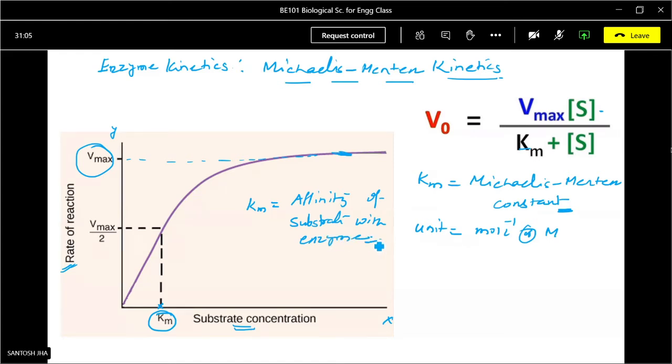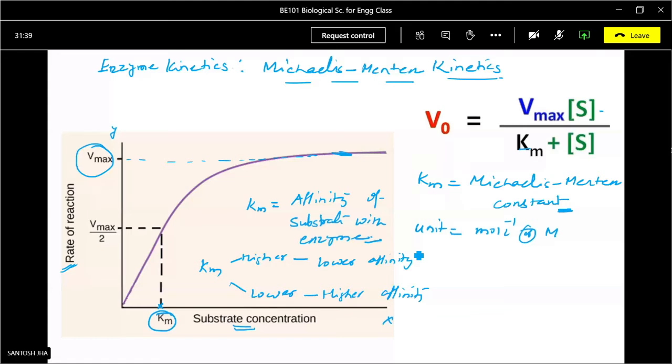Means what is the degree of affinity of the substrate with the enzyme. A lower Km value means higher affinity of enzyme with the substrate, while a higher Km value indicates lower affinity, just the reverse. So if any enzyme has a higher Km value, it has very low affinity with the substrate molecules.